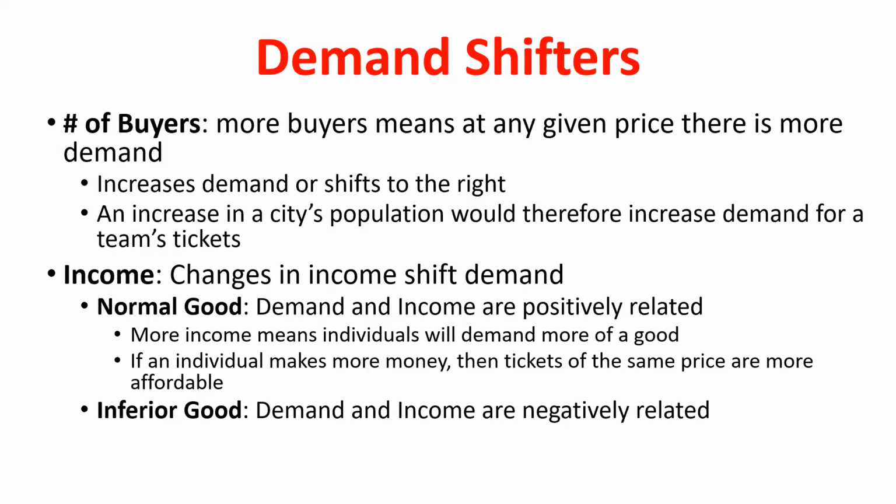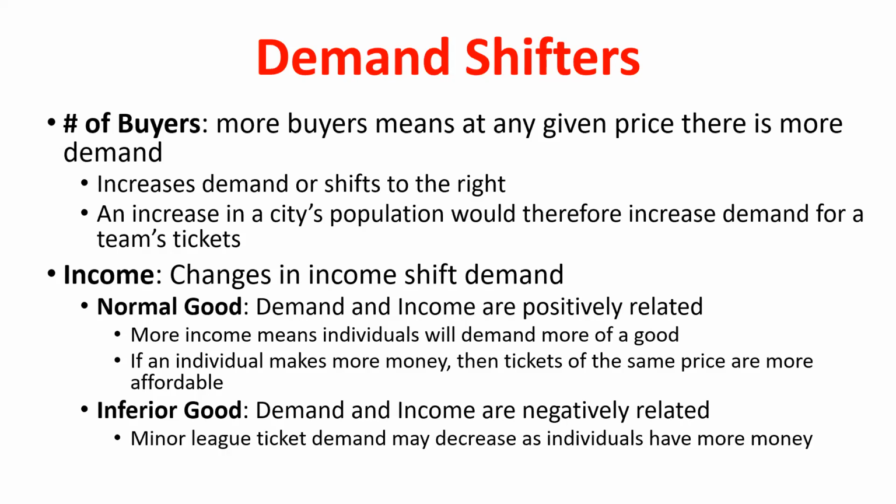In terms of sports, if we'll encounter any inferior goods, more likely than not, we're thinking about these as small leagues, right? When we think about our major league sports, if we think about the ticket market there, it's a normal good, right? We see areas that have higher incomes. We typically see that there's a higher demand for tickets.